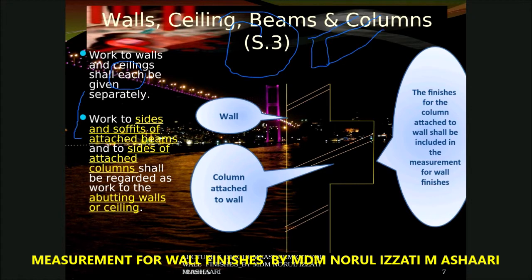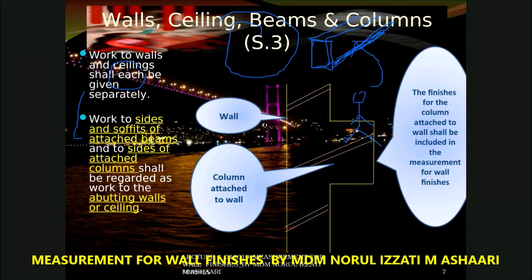Sometimes if you stay in a double-storey house without any ceiling finishes, you are here, you can see the ceiling on the top and you can see the exposed beam. So what happens for these finishes? Are you going to measure under wall finishes or under ceiling finishes? The work to the surfaces of the beam that is exposed should be given under ceiling.